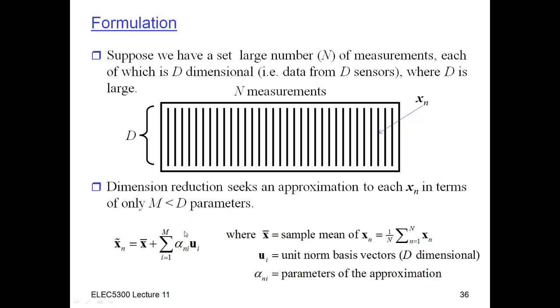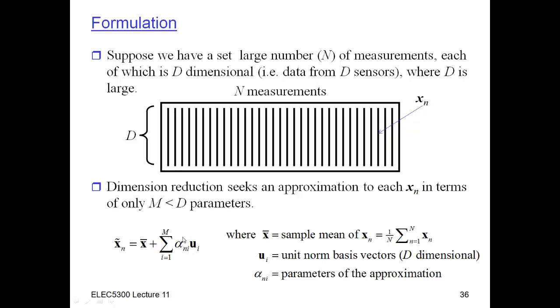And then I'm going to take m numbers here, alpha sub ni, where n describes which data point I have, so really i here runs from 1 to m. And there's m of these alphas for each data point xn. I'm just going to use these numbers to weight different directions in the data space.